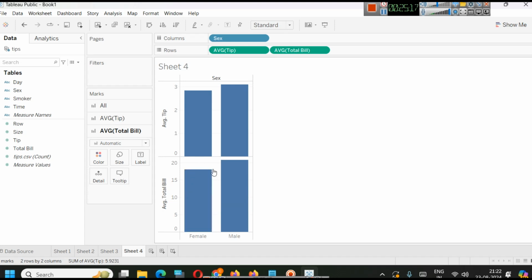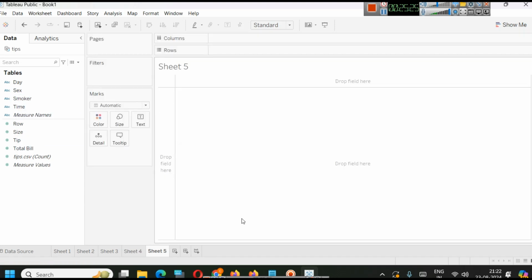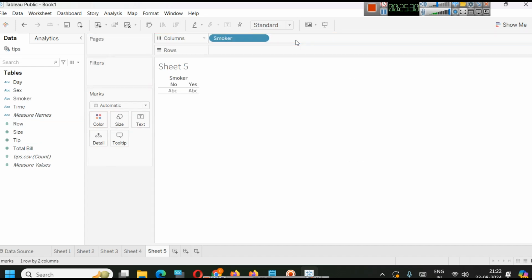So this is our exploratory analysis, and now smoker and time. What type of graphs should we plot here? Again, for smoker it will not cause any difference, so for smoker we will draw the same thing. Again, in case of a smoker, first we have to calculate count.